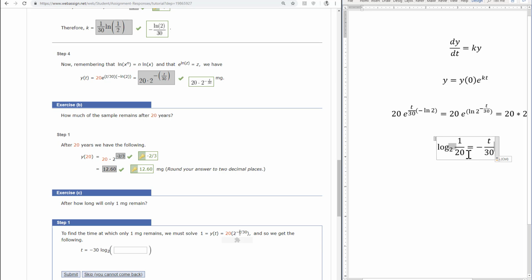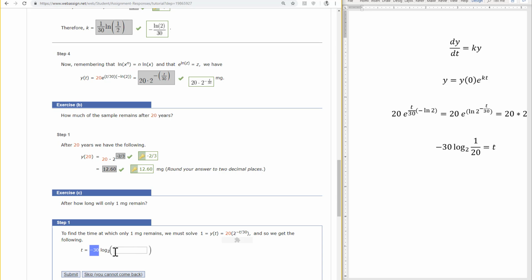I probably should have been copying this and doing this in steps. And then to solve for t, you just multiply both sides by negative 30. So let's do a minus 30, and then that would just make this a t, and then that's the expression that we're looking for: minus 30 log base 2 of 1 over 20.